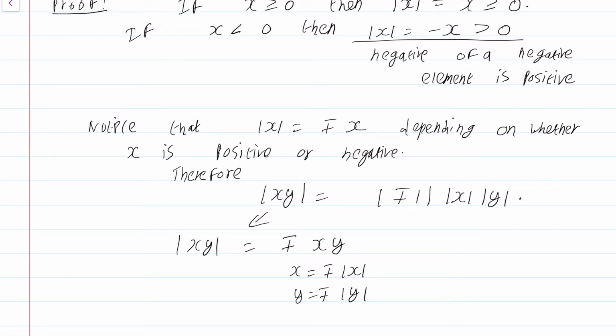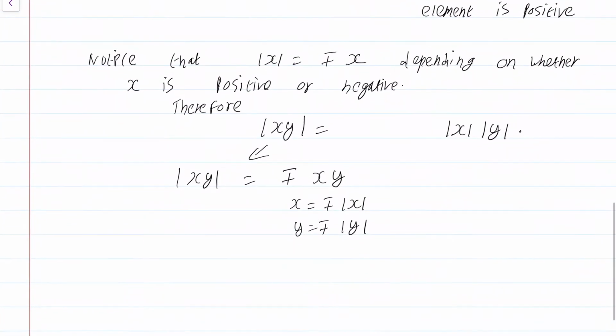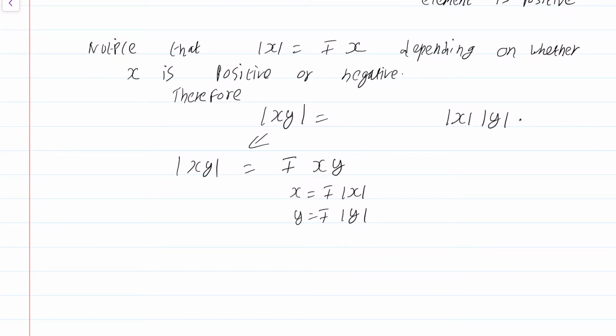The net upshot of all this is mod xy has to be plus or minus of mod x mod y, and we know that you need to put a modulus there simply because mod xy will always be non-negative. So technically I can get rid of this plus or minus. Modulus of plus or minus 1 can be immediately gotten rid of. So it immediately follows that mod xy is equal to mod x times mod y.